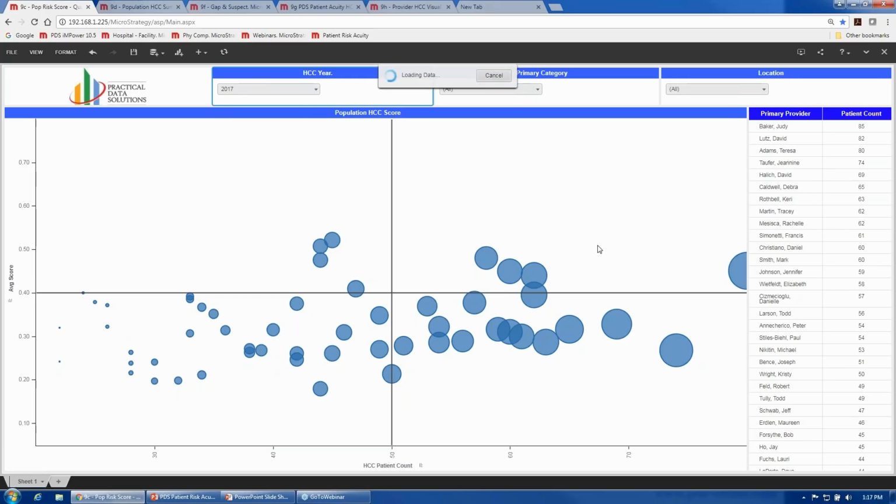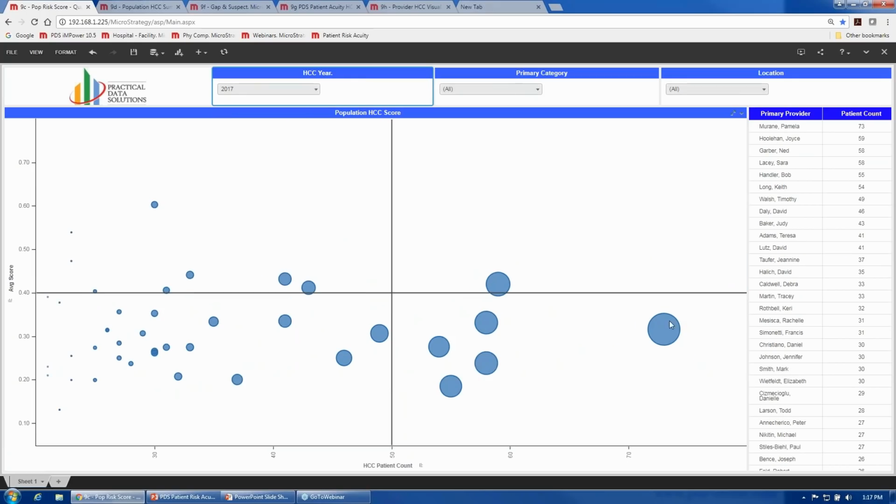The size of the dot represents the number of patients, and you can see the physicians represented along the side. So if Russ pauses on one of these buttons, for instance, you can see very clearly that the details will pop out as to who is the physician, what is the HCC patient count, and what is the risk score.